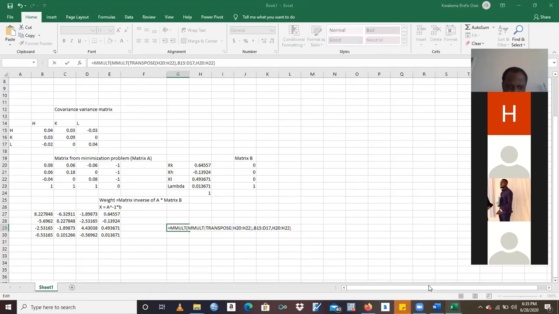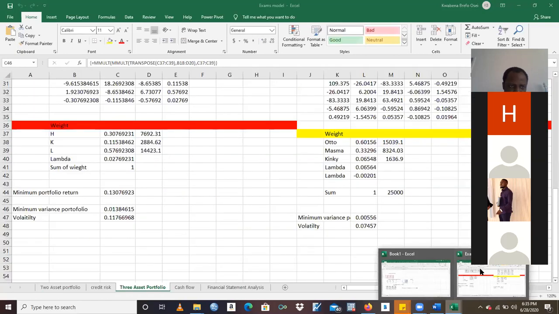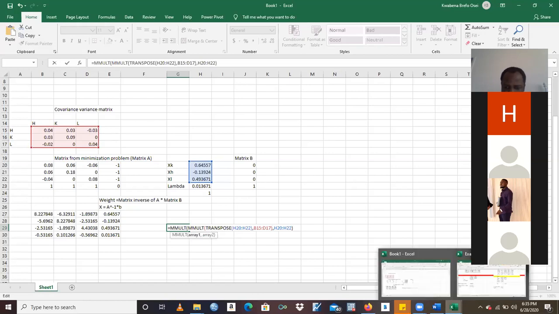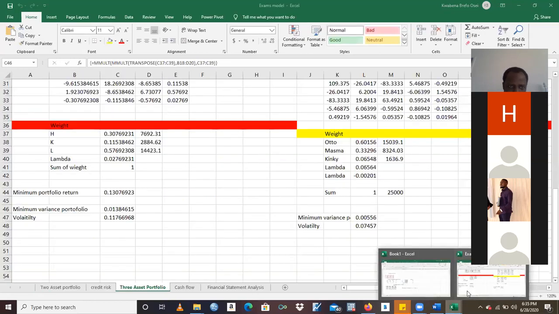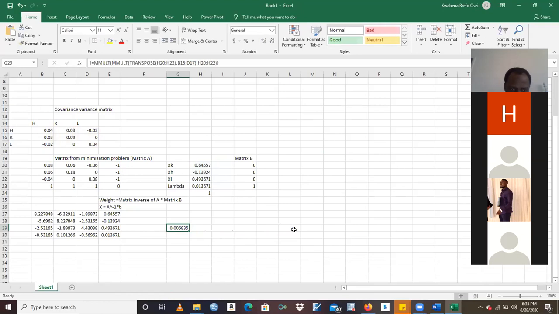Okay, so I think it's transpose, comma P18, comma P18. Okay, I think then come here. Control Shift Enter. Okay, great. So now this becomes the volatility.